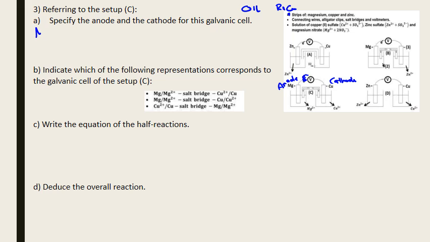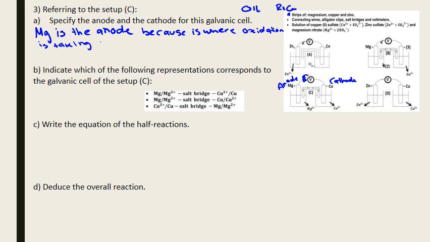So here we write Mg is the anode. They're specified, so we have to justify. So Mg is the anode because this is where oxidation is taking place. Remember, oxidation is the loss of electrons.